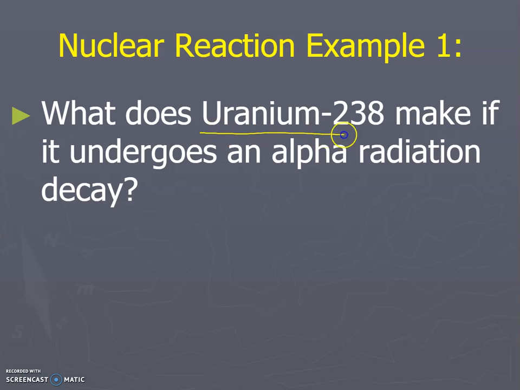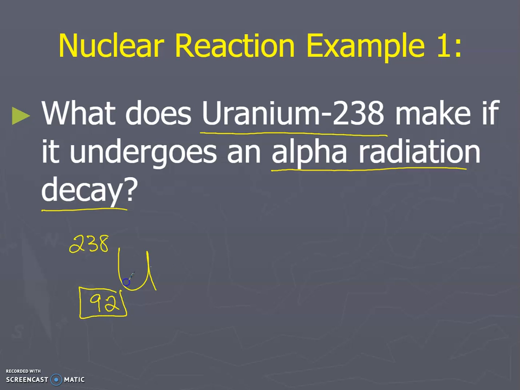So what does uranium-238 make if it undergoes an alpha radiation decay? So here we have uranium-238, and then you would look on your periodic table and find out that uranium is number 92, and then it's going to undergo a decay. So here's your alpha decay. What are you going to make over here?